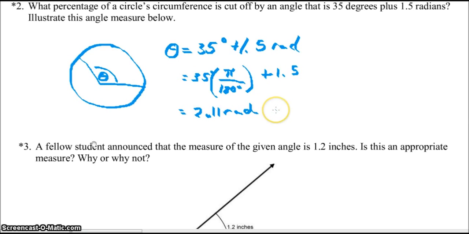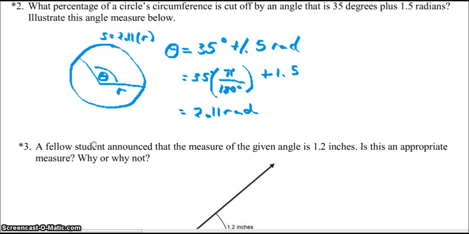So what this tells me is if this is my radius of the circle r, then this arc length S equals 2.11 times r. There's 2.11 radii here.